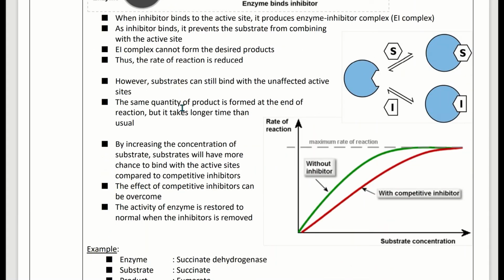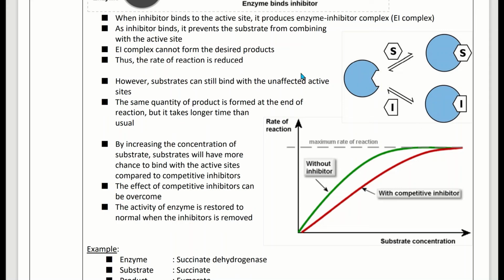Okay, so the same quantity of product is formed at the end of reaction, but it takes longer time than usual. So bila ada inhibitor, lambat untuk kita breakdown kan semua substrate. Contoh, lambat untuk reaction substrate nak jadi produk ni makin lambat sebab dia kena berlumba dengan inhibitor.